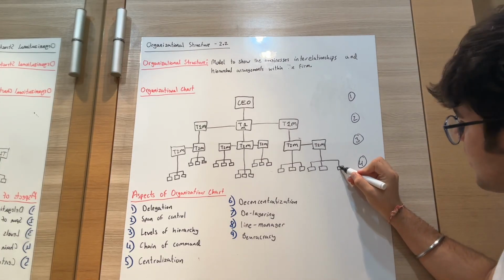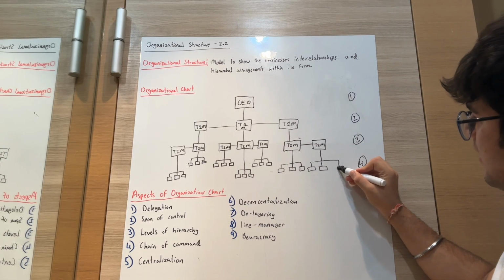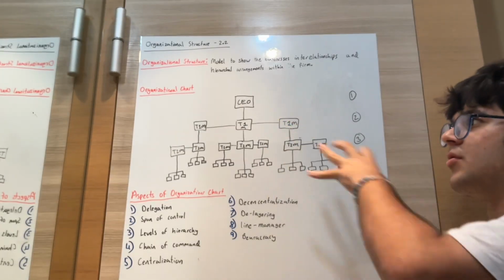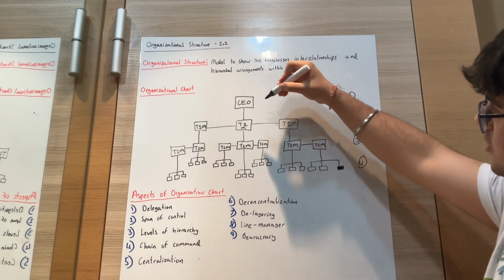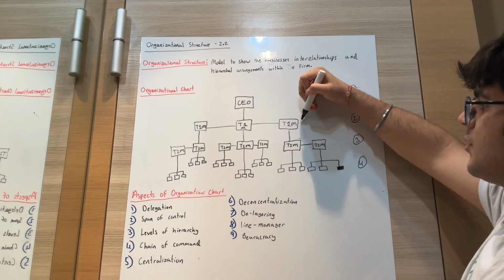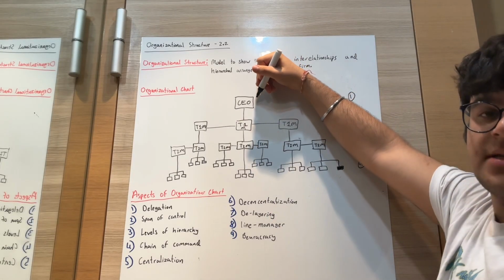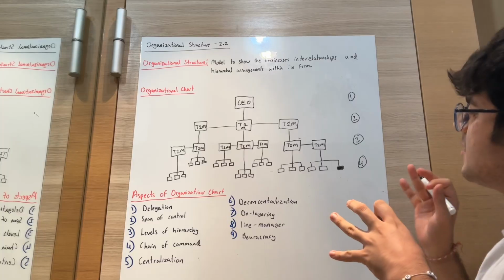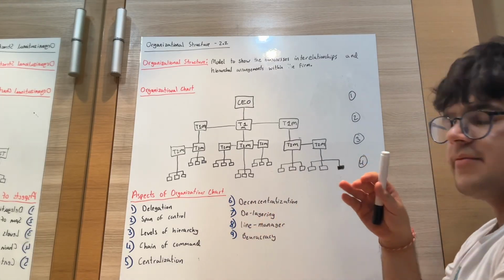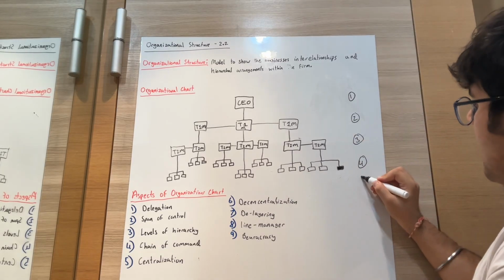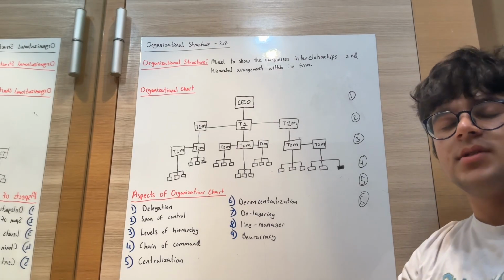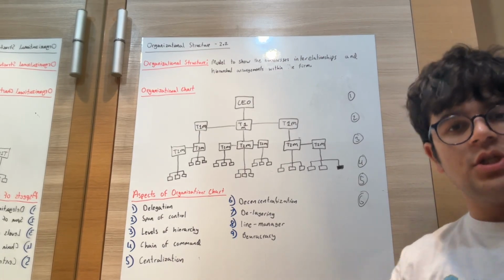So if we look at this employee right over here, if we talk about it in a literal sense based on the organizational chart, if he wants to talk to the CEO, he will need to go to the tier 2 manager, who would then need to go to the tier 1 manager, who would then relay a message to the CEO. Now this may not be realistic, but this is what an organizational chart suggests, okay? So when you have large levels of hierarchy, your chain of command becomes much, much longer, which is what I was saying previously, and opens you to diseconomies of scale and miscommunication.